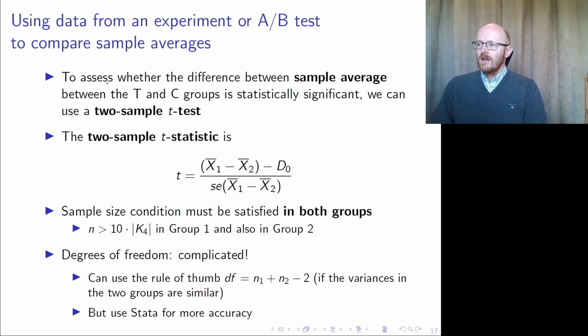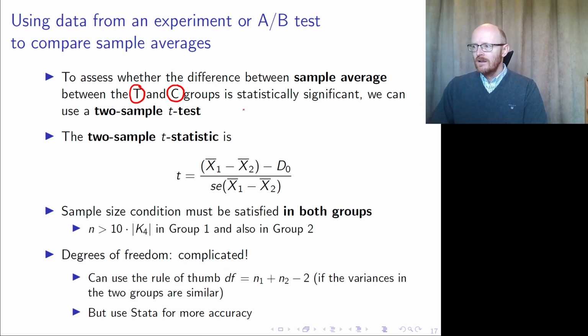What we do is we want to assess the difference between sample averages, between this sample and this sample, the test sample and the control sample. We want to know if it's statistically significant, and then we can use a two-sample t-test.